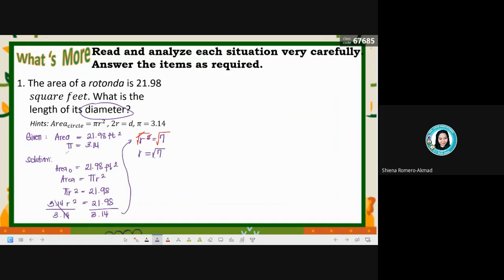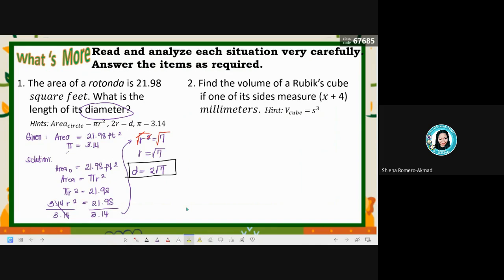So, 2 times square root of 7, d is equal to 2 square root of 7. Okay, so the answer here is 2 square root of 7. Okay, now let's proceed to the next example.